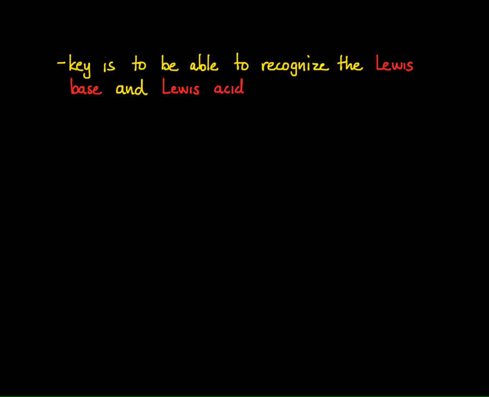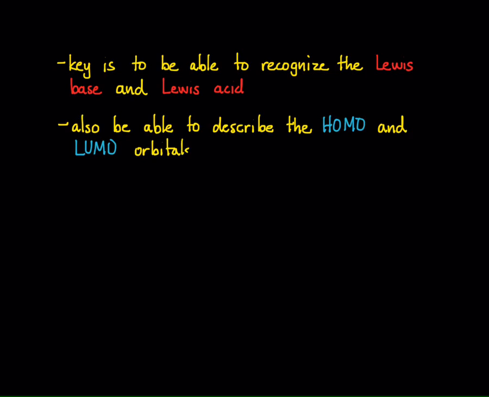And in essence, from this moment forward, we can think of all reactions as the reaction of a Lewis base with a Lewis acid. You also need to be able to describe the HOMO and the LUMO orbitals that are interacting. This certainly can help you in recognizing when bonds form and when bonds break, right?